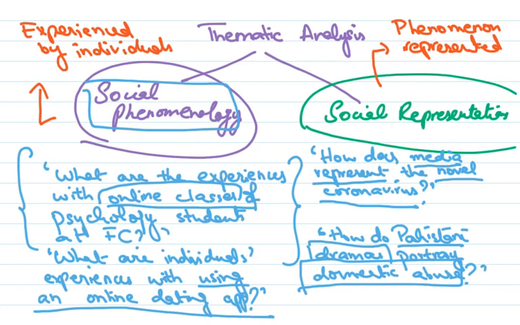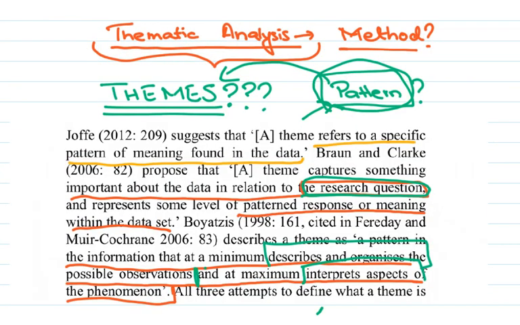We've talked about this when we discussed social phenomenology. When we were looking at what exactly a theme is, we saw this definition which says that a theme describes and organizes the possible observations.